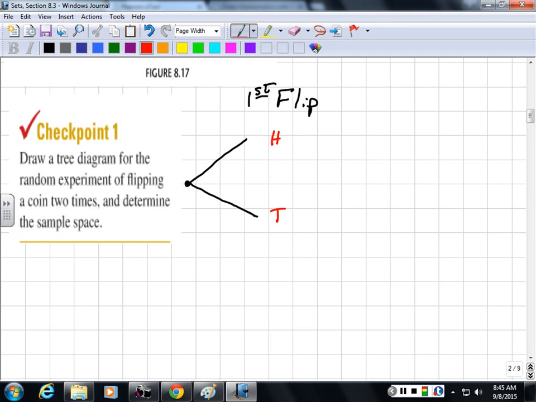Then I'm going to do the second flip. Once again, as I flip the coin, I only have two possibilities, head or tail. But I need to do this for both of the first possibilities in the first flip.